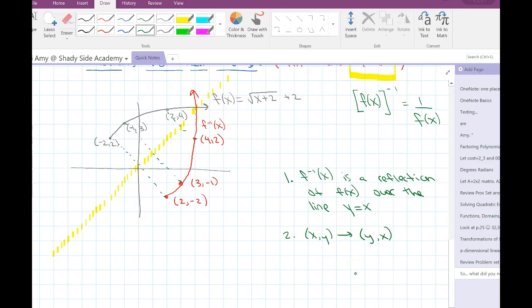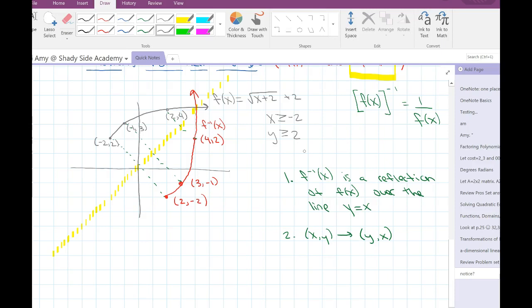You'll also notice something else, ladies and gentlemen. Not only can I say the x coordinate becomes the y coordinate and the y coordinate becomes the x coordinate, basically the roles of x and y kind of swap as well. So if I look at f of x for a minute, and I ask you for the domain of f of x, you would say the domain here is the set of x values that are greater than or equal to -2. And the range is the set of y values that are greater than or equal to +2.